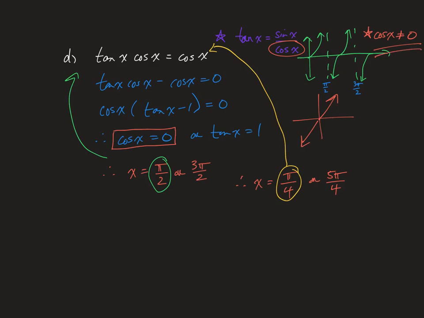And so I didn't even have to find pi by 2 or 3 pi by 2. As soon as I said that I had an equation that said cos x equals 0, I can mark that right away as inadmissible. I don't have to state why, but it's because cos x cannot equal 0. And so therefore, the only solutions I can get come from that second equation, and I'm just going to highlight those in green.